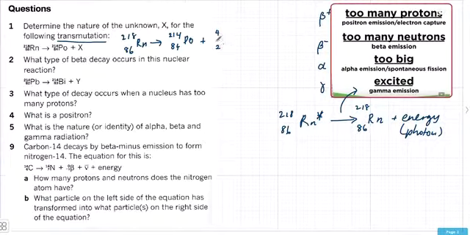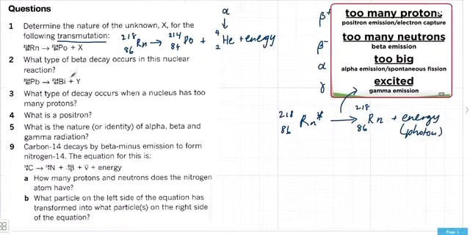X is 4, 2, it's the atomic number 2, that's helium. So this is a helium atom, which remember is what we call an alpha particle. So the transmutation in this radioactive decay would be alpha radiation, and we're emitting an alpha particle plus energy. We should always add plus energy to these radiation questions too.